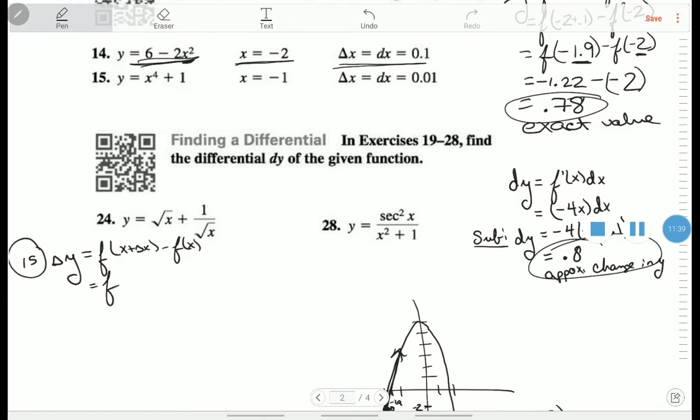So in this case, our x is -1 and our delta x is 0.01. So -1 plus 0.01 minus f of -1. So I'm going to simplify this. -1 plus 0.01 is -0.99. This is going to give us an exact change in y.